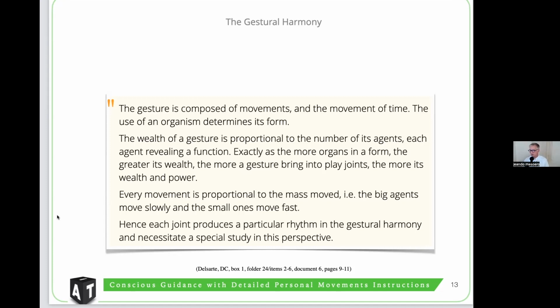There is a very basic idea here that the stature has to lengthen. If you take a step and you discover that you shorten the stature, it's quite interesting to look at the different movements. It's very obvious that the person has a tendency to move the fast parts easily and has great difficulty in moving the big agents, the biggest agent in the anatomical structure being the torso.